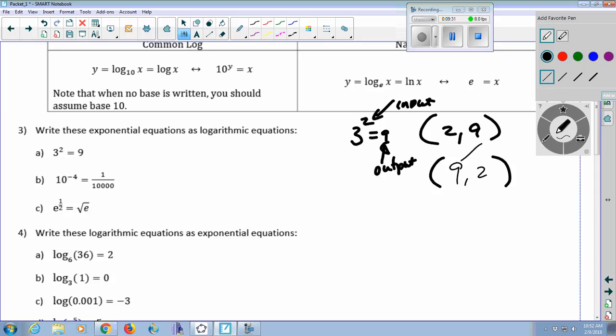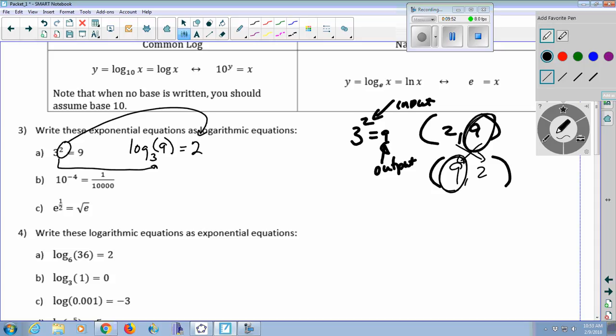They just switch spots. So when I go to write my log, my input is the answer to my exponent. So I write log, exactly the same base. My input, or my argument, is 9, and my answer is 2, because my answer is the original exponent. 3 squared equals 9, and log base 3 of 9 equals 2 are exactly the same statement.